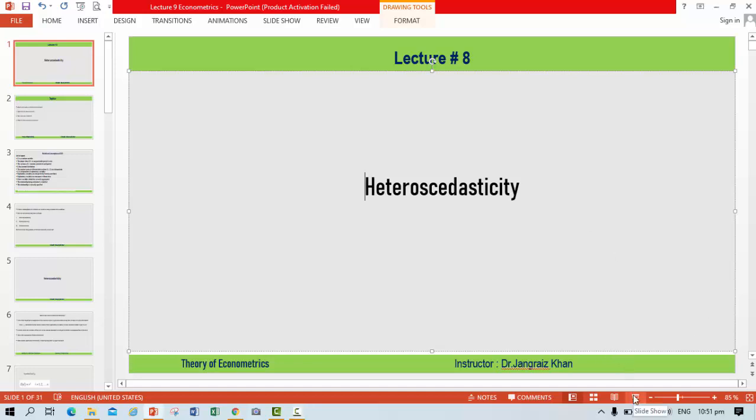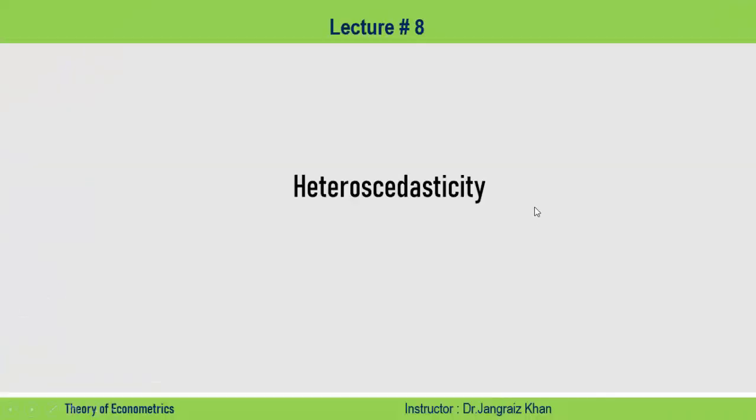Dear students, Assalamu alaikum. You know that in previous lectures we discussed the definition of econometrics, the theory of correlation, the simple linear regression model, which was followed by the multiple regression model.